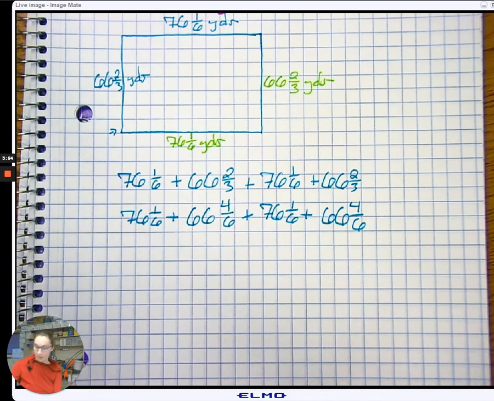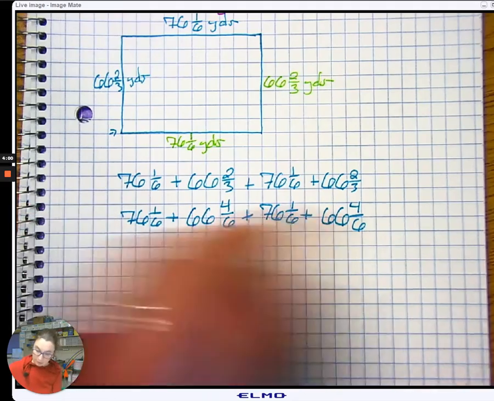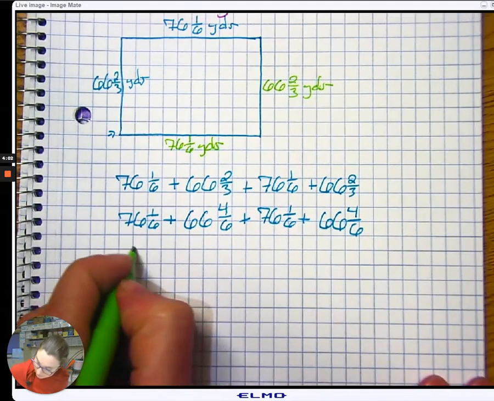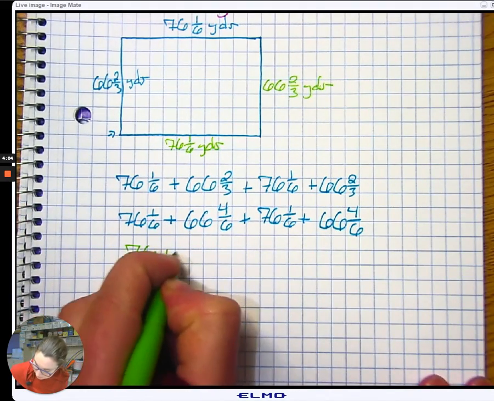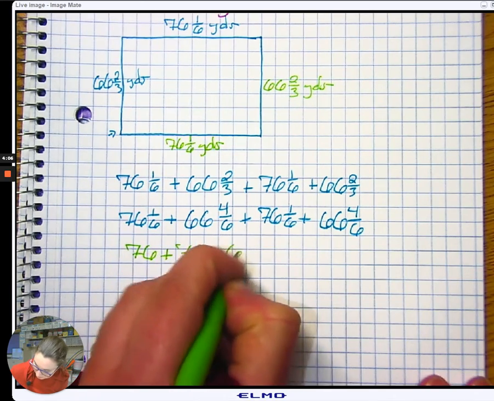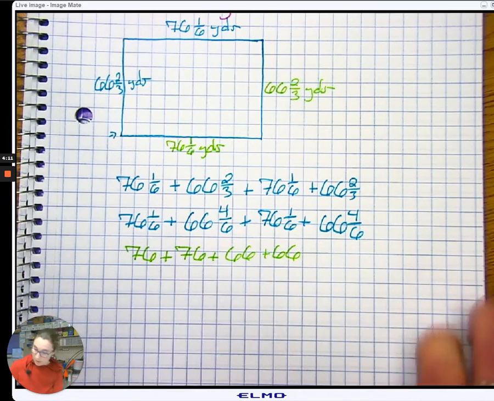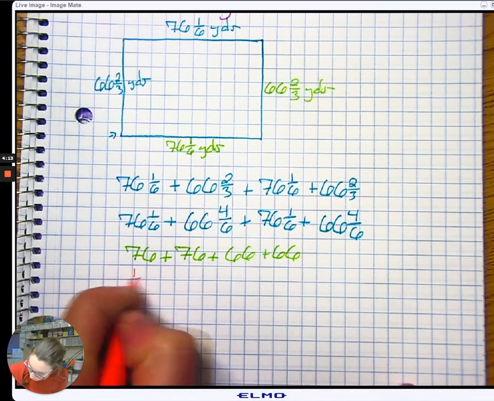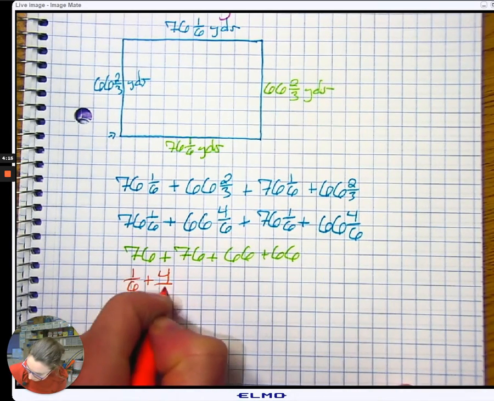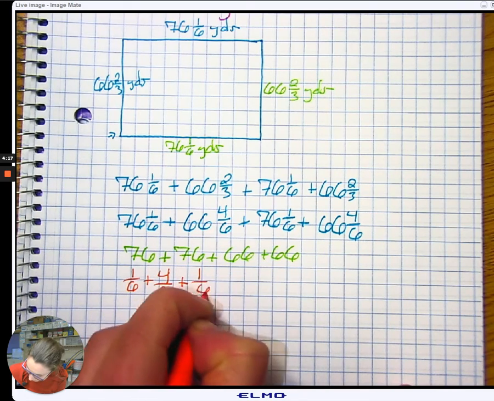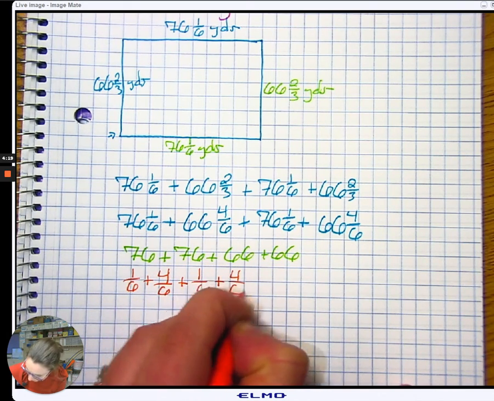All right, now I have my 4 fractions. I'm going to add them. I am going, as I said a minute ago, to add my whole numbers separately. So 76 plus 76 plus 66 plus 66 is going to be separate from 1/6 plus 4/6 plus 1/6 plus 4/6.